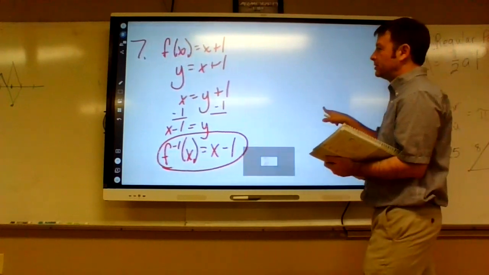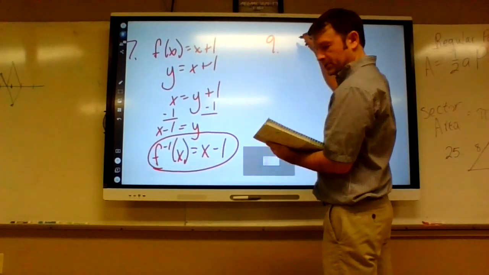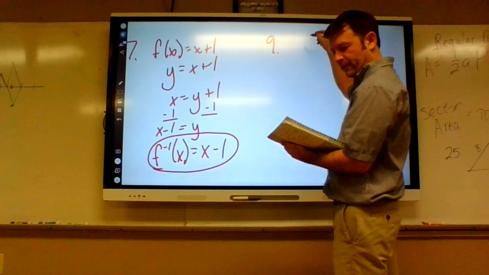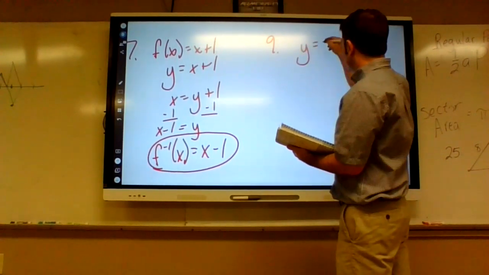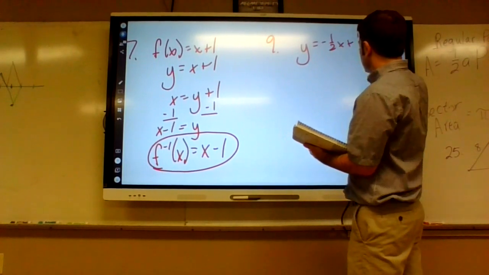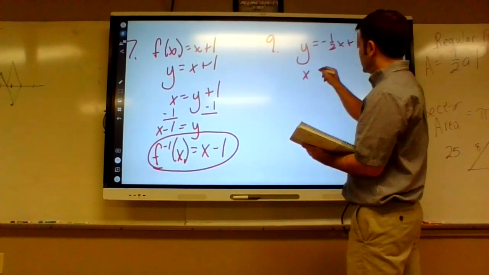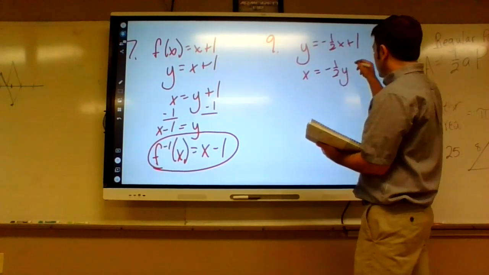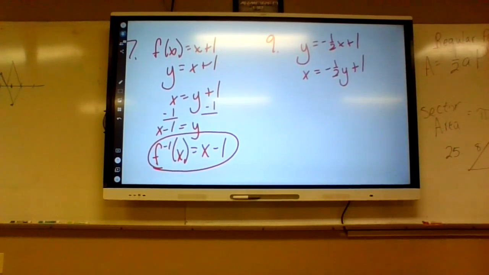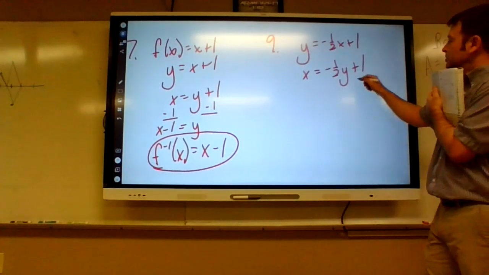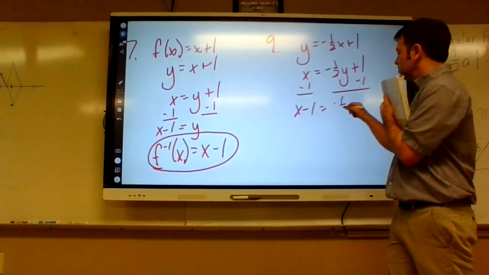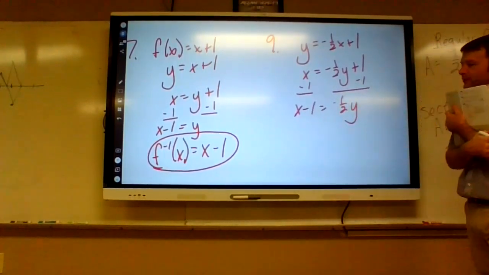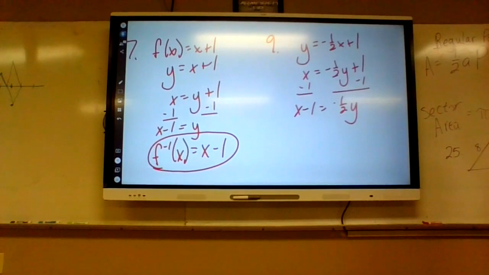Okay, number 9. The original says q of x equals -1/2 x plus 1. So y equals -1/2 x plus 1. So I'm going to switch the x and the y. And how do I solve that for y? Subtract the 1. And how do I get rid of the -1/2? Divide by -1/2.